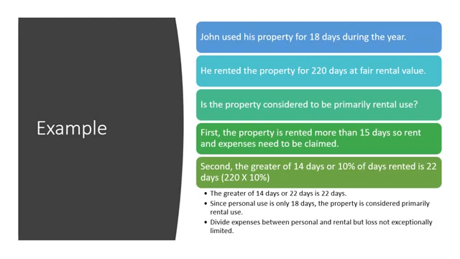Since personal use for John is only 18 days, the property is considered primarily rental use. We do divide expenses between personal and rental. However, the loss is allowed and is not exceptionally limited. However, we always have to keep in mind the at-risk limitations and the passive loss limitations.